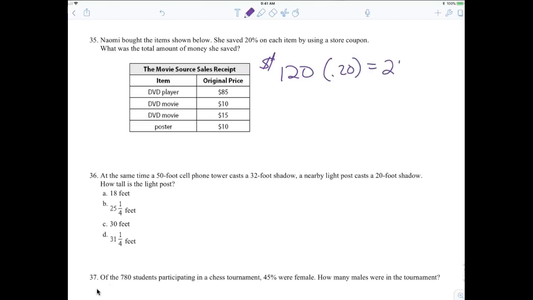So she saved how much money? $24. You hear me? It's not what she spent, it's what she saved. Now, again, that's what I'm saying about make sure you answer the right questions. In the past, we would have just multiplied this by 0.8 if we had asked what was her bill. Her total bill would be 120 times 0.8. Is everybody with me on this?